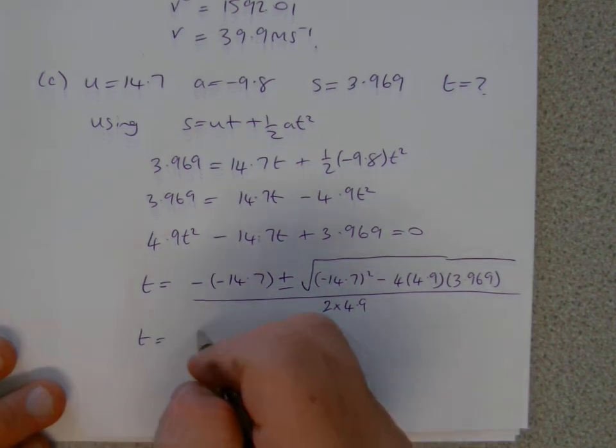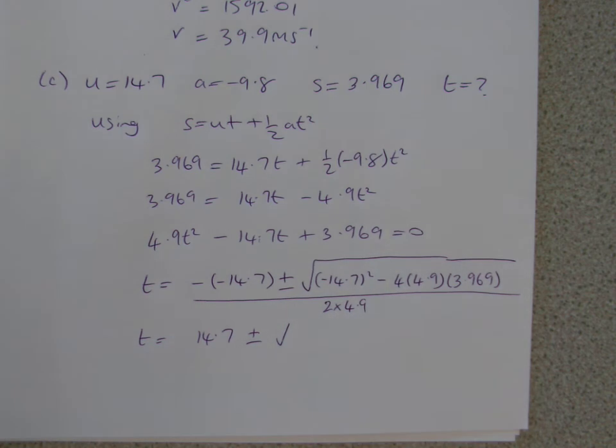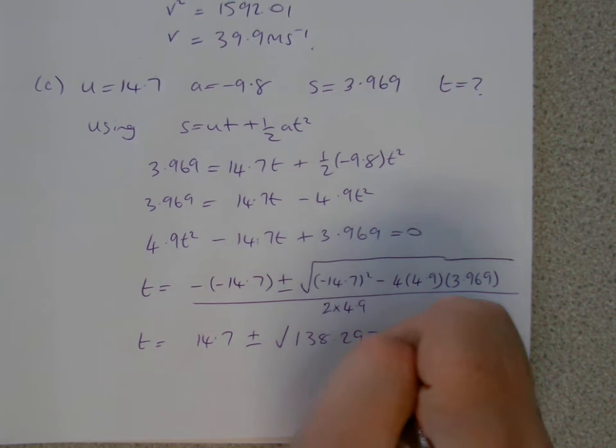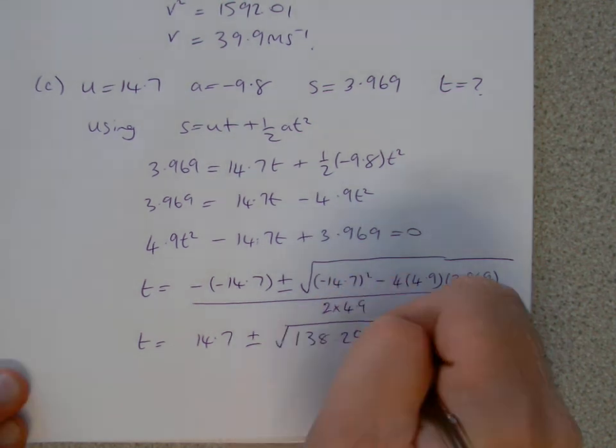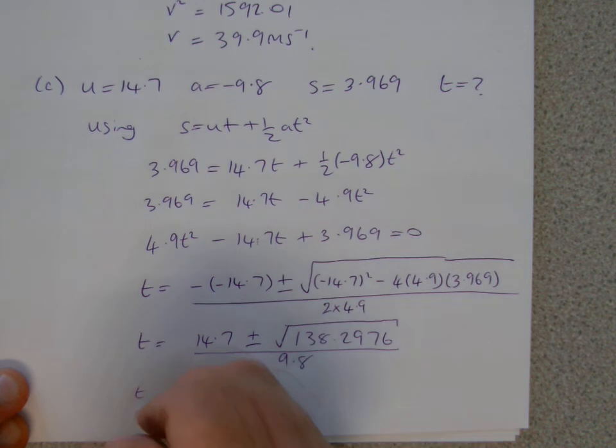That becomes positive 14.7 plus or minus the root, and if I work that out, I get 138.2976 in the root, all over 9.8. Then I can get the 2 times.